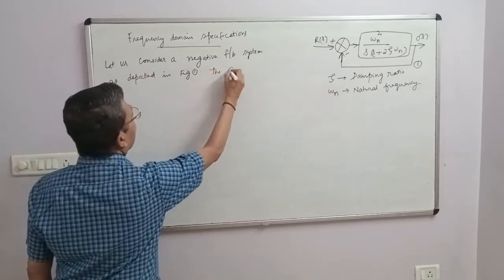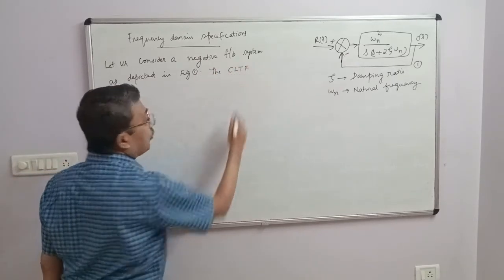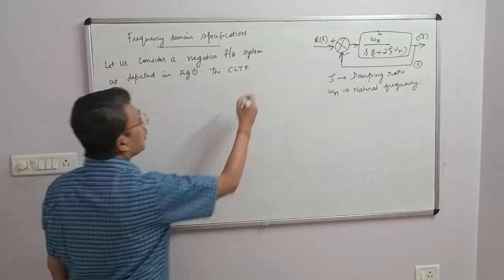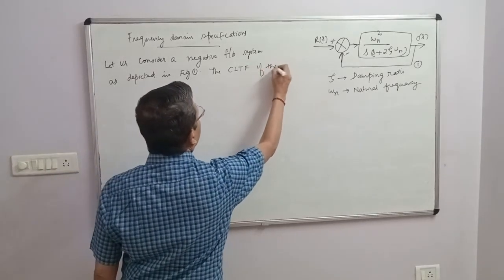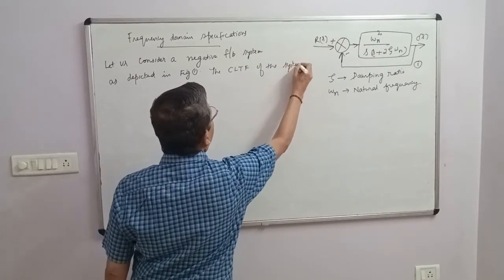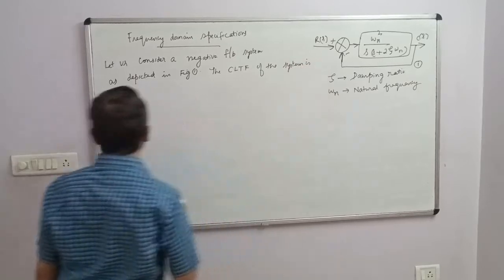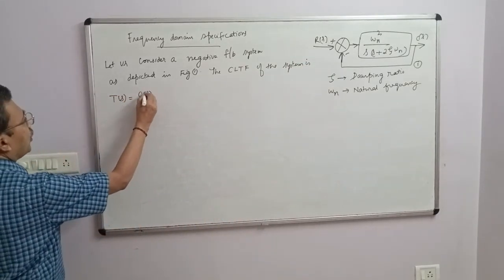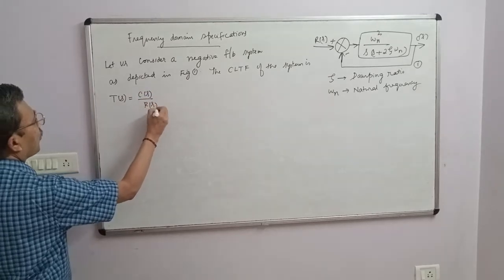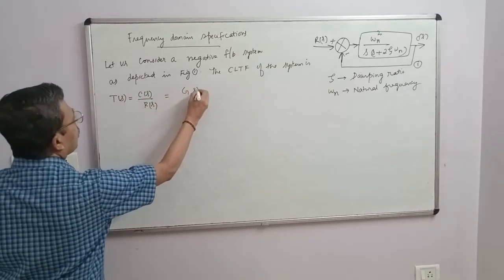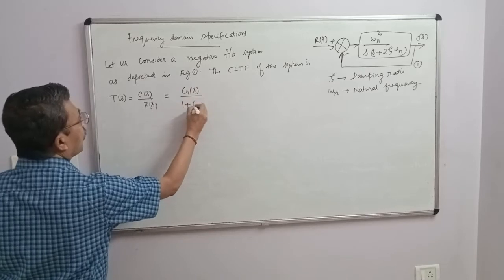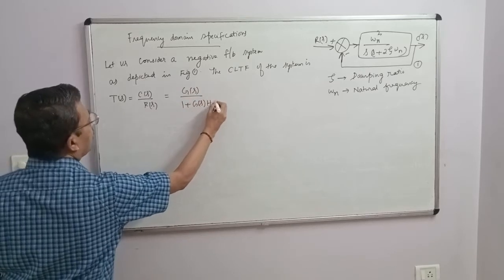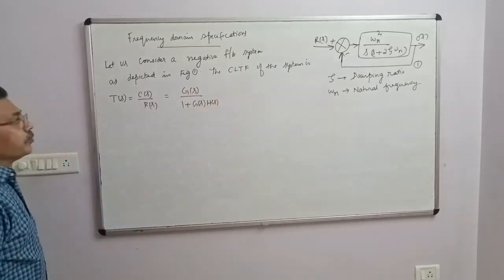The closed loop transfer function, CLTF, of the system is T of s is equal to C of s divided by R of s is equal to G of s divided by 1 plus G of s into H of s.